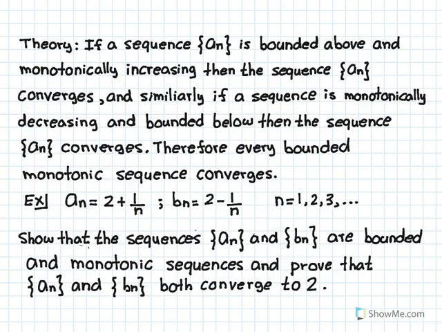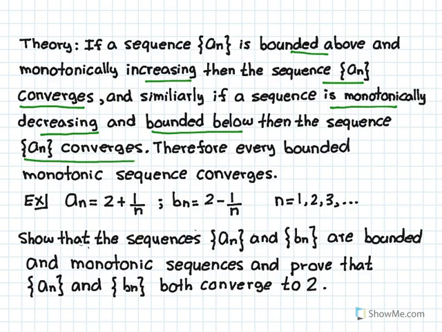All right, if a sequence an is bounded above and monotonically increasing, then the sequence an converges. And similarly, if a sequence is monotonically decreasing and bounded below, then the sequence an converges. Therefore, every bounded monotonic sequence converges.